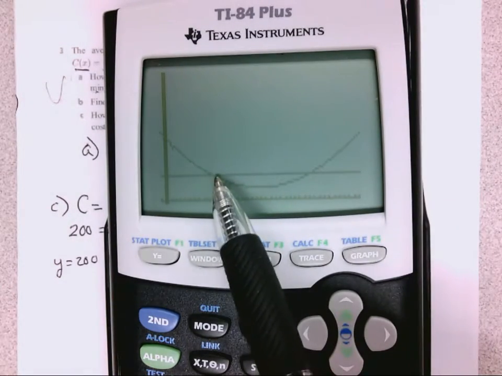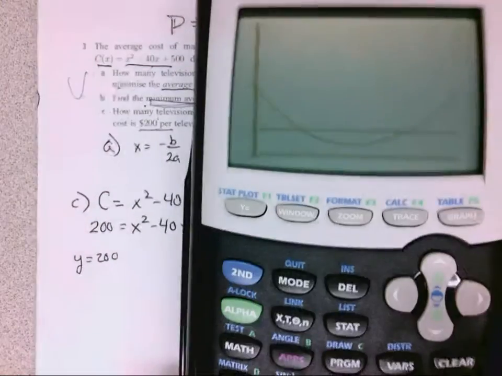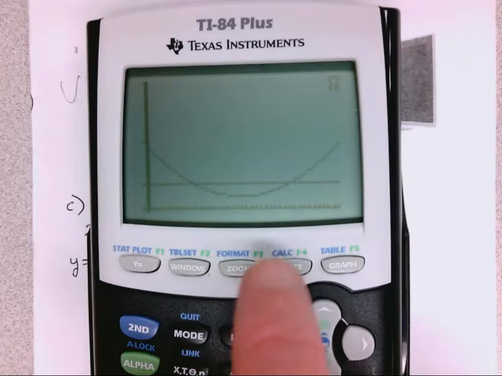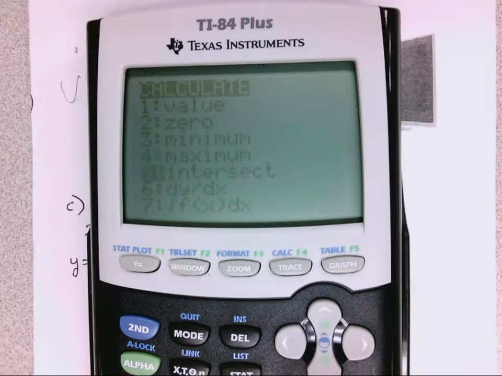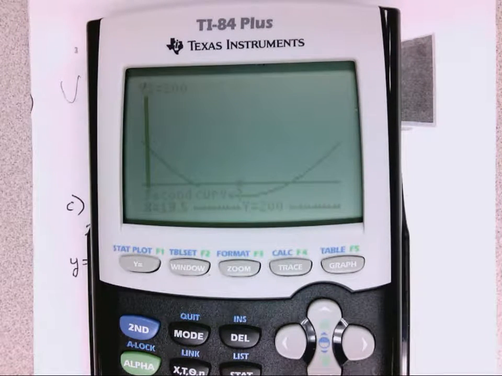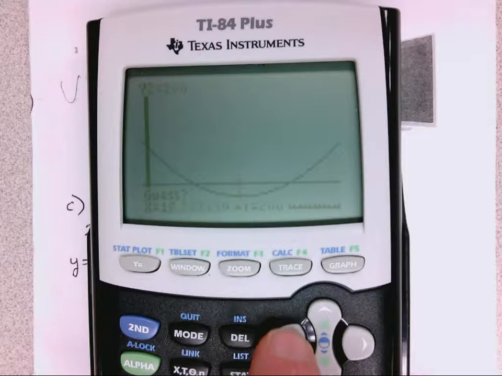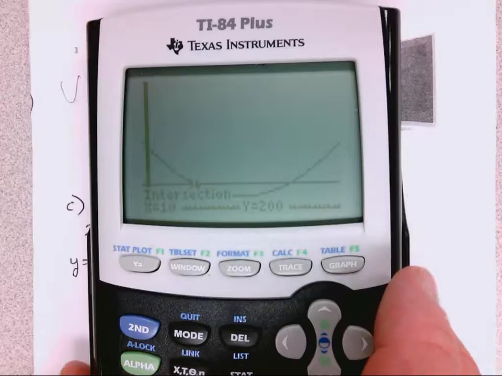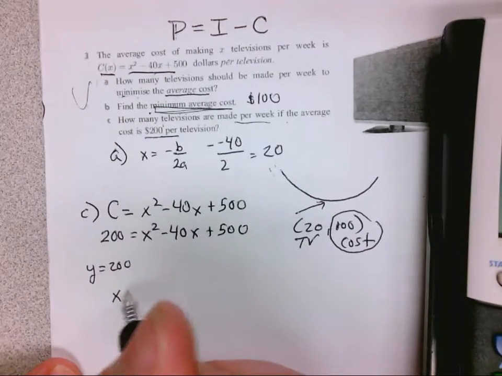And so I see there's two different places that could happen. So I'm going to calculate intersection, enter, enter, and that's 10. So x equals 10 is one of the solutions.